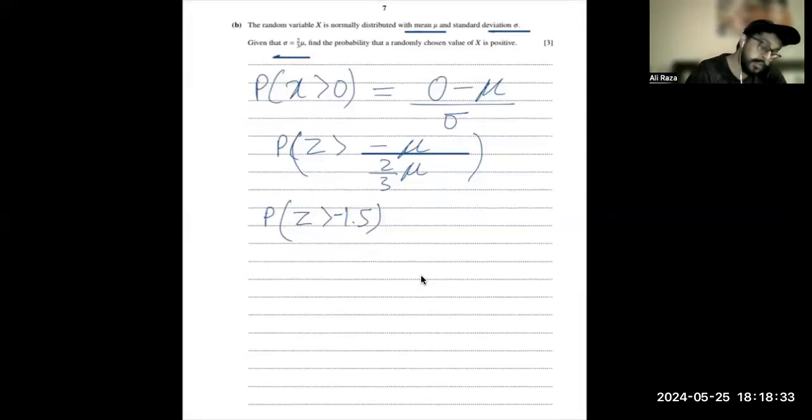So to find the probability of z greater than minus 1.5, we'll find the probability of z less than positive 1.5. The answer comes out to be 0.933.